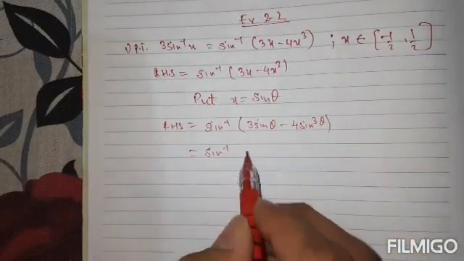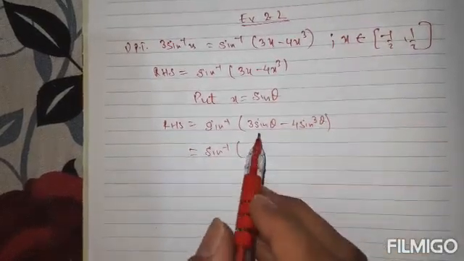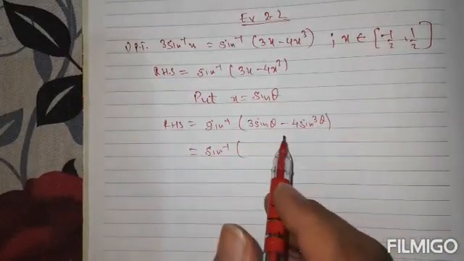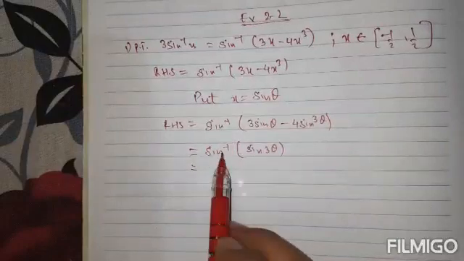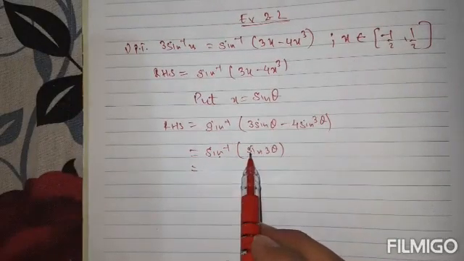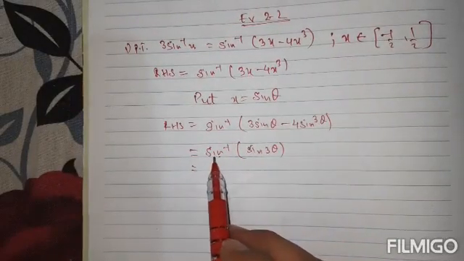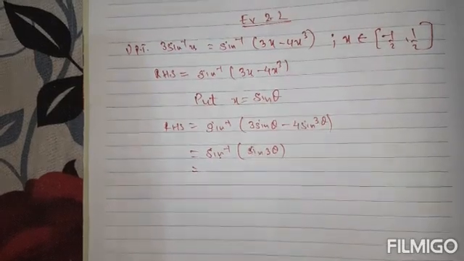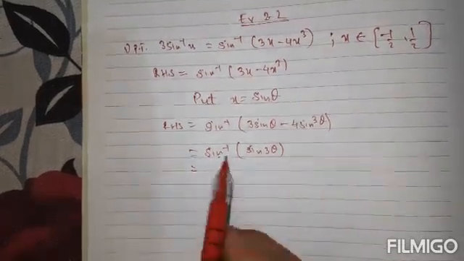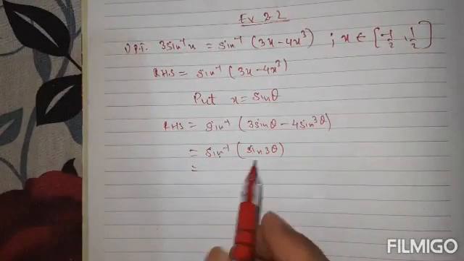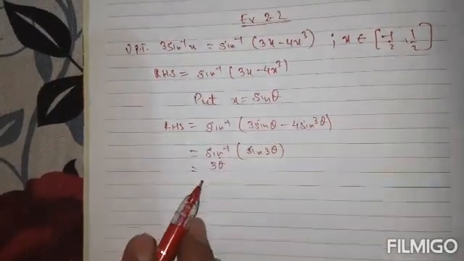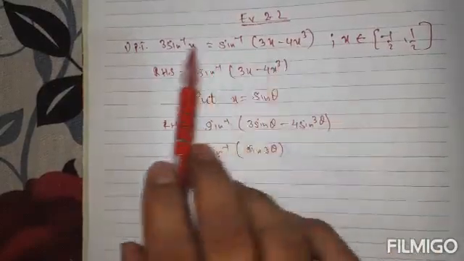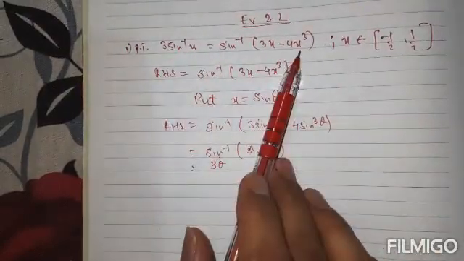You know that we have a formula: 3 sine theta minus 4 sine cube theta is sine 3 theta. So this becomes sine inverse of sine 3 theta. Any function and its inverse, their composition is always identity, so these two get cancelled and only 3 theta remains. But this is not our answer because theta is not available in the question.